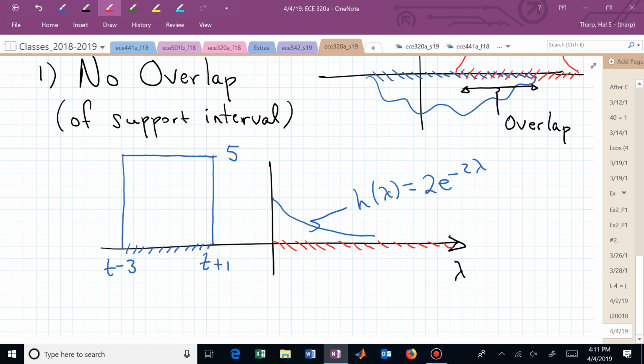Question? For this case, h of lambda, do we consider anything past 5 tau to be a support interval, even though we consider it to be basically 0? So the question was, how much of h of lambda do we consider? Analytically, you consider all of it. So it's going from 0 to infinity. I'm kind of giving you a practical feel when I say 5 tau.